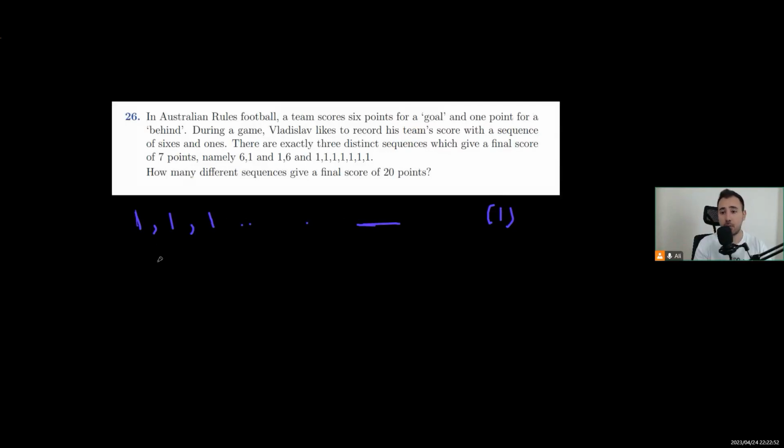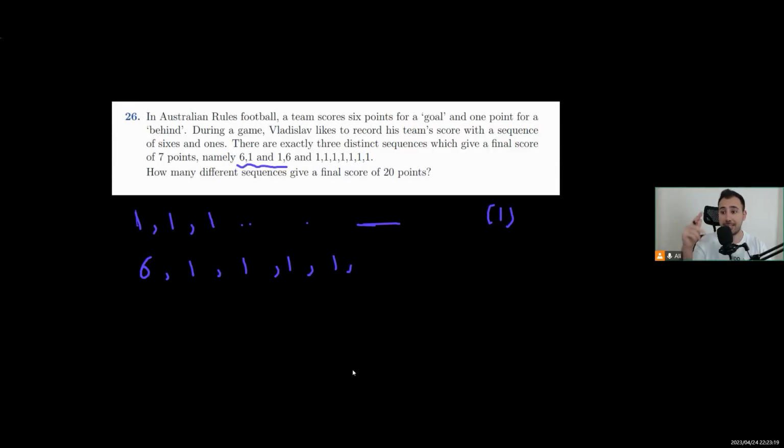The other one will be 1, 6, and 14 ones, right? And because the question says order is important, 6 could be here, or 6 could be here, or 6 could be here.